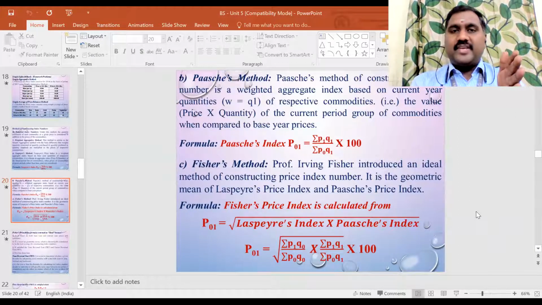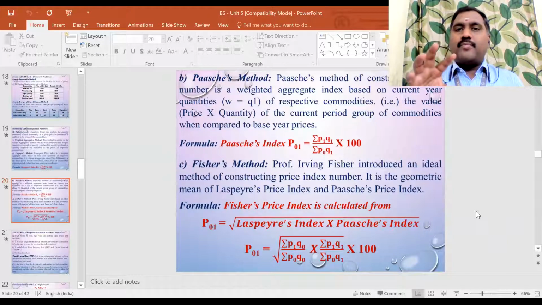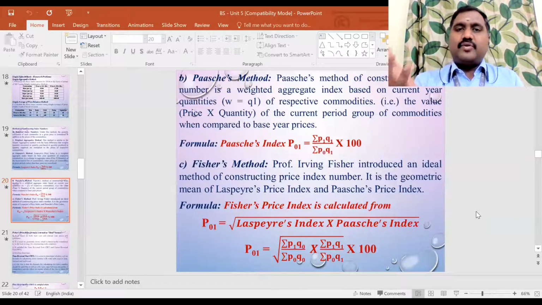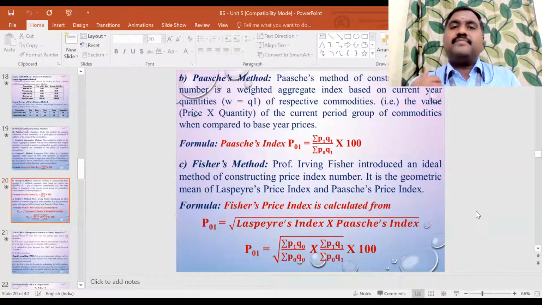So the P value will be given. In the problems I told you, sometimes they will use terms called base year and current year. Under that they will give price and quantity. Sometimes instead of base year, they will give the year 2010, and then the next year will be 2013 or 2014.